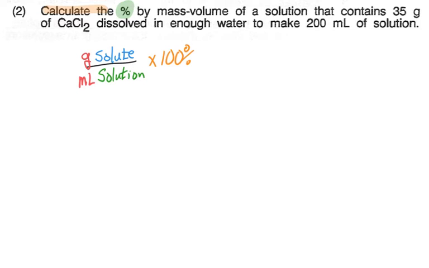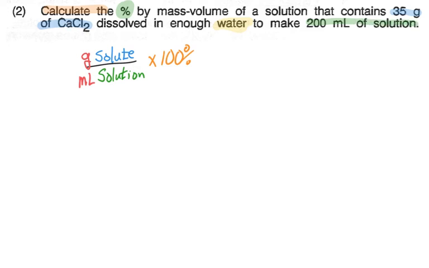So let's read it. It says this has a solution that contains 35 grams of CaCl2, calcium chloride, dissolved in enough water to make 200 milliliters of solution. And so we know that we have 35 grams of calcium chloride. That's going to be our solute. Put it on the top here with our grams of solute, and then we're going to dissolve that in enough water, water is our solvent, to make 200 milliliters of solution.